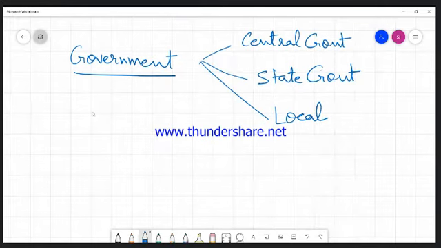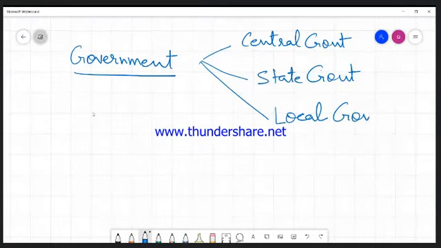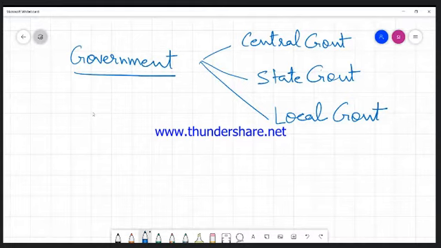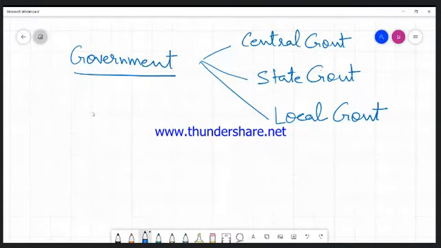Local government means rural or local body or urban local body, both your municipalities and Gram Sabha. So any of the government you are talking about, the macro picture.